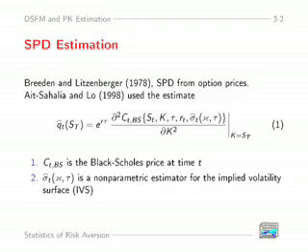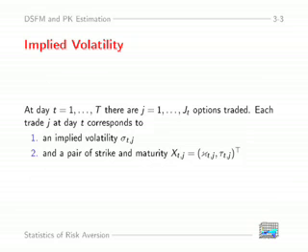And what we do here is, we have option data, and we estimate the implied volatility surface using dynamic semi-parametric factor models. So we get a dynamic model for the implied volatility surface, and then we get the dynamics of the state price density. So we have option data, in our case on DAX.